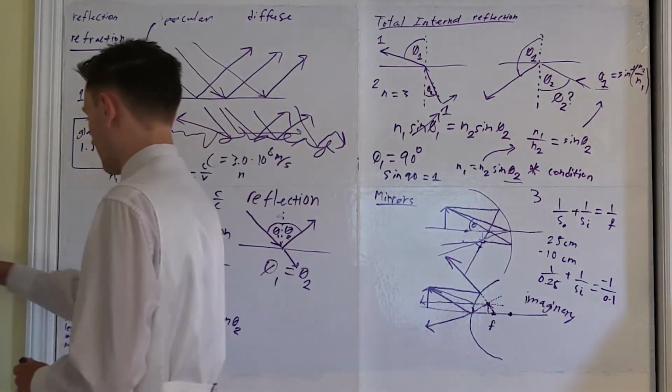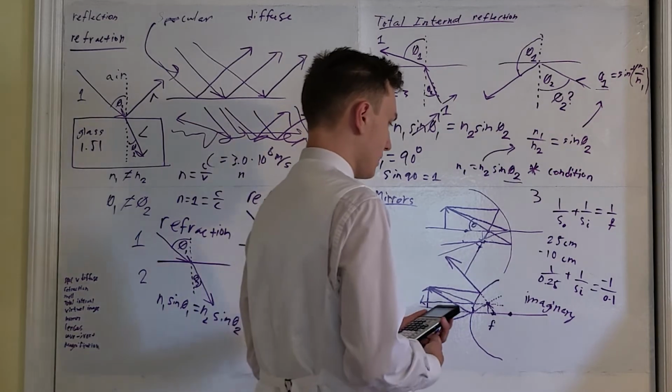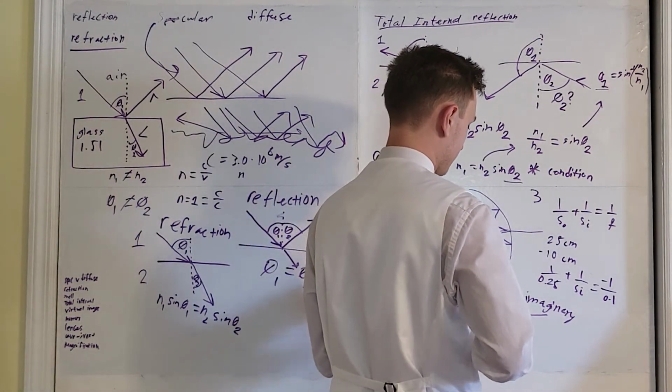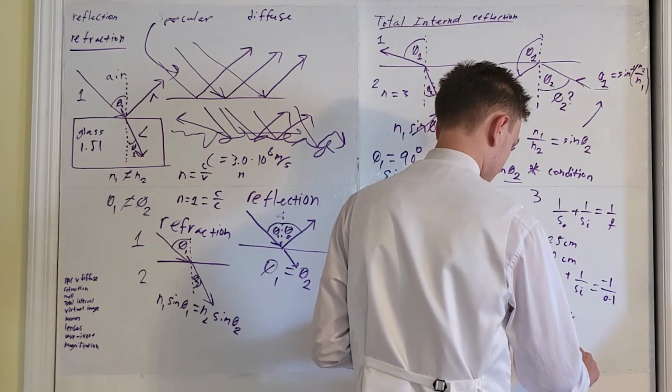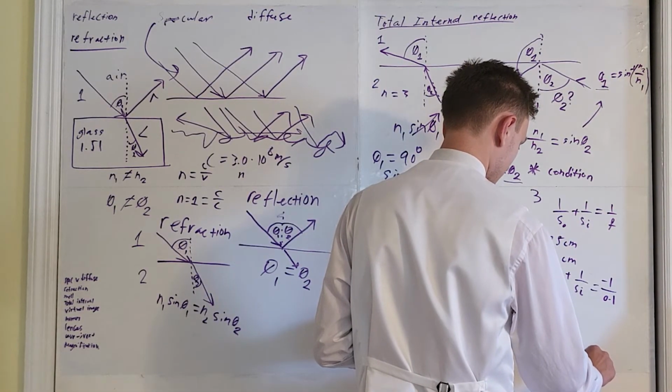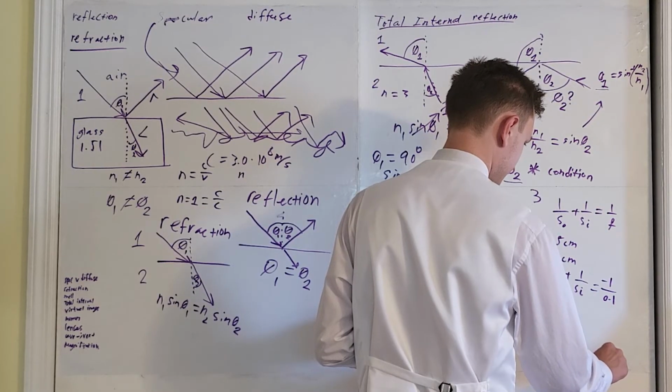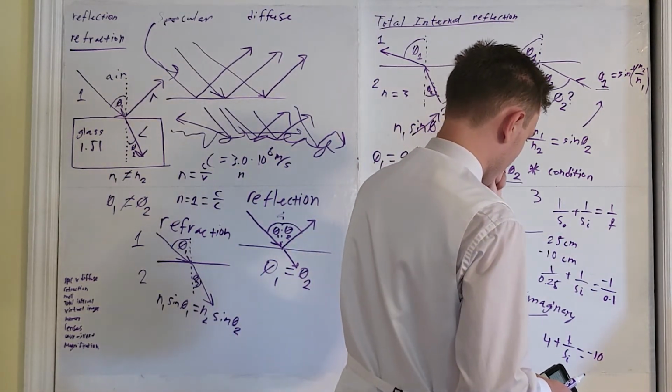And from there, we plug things into our calculator. 1 over 0.25 is 4, plus 1 over the distance to the image equals negative 10, because 1 over 0.1.